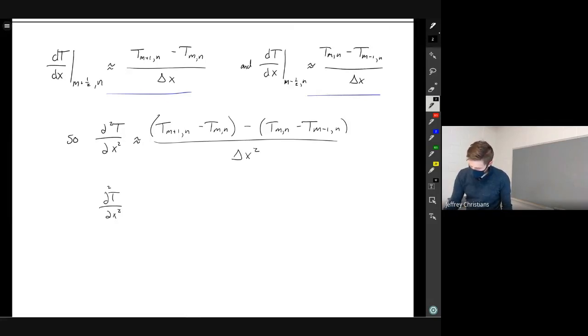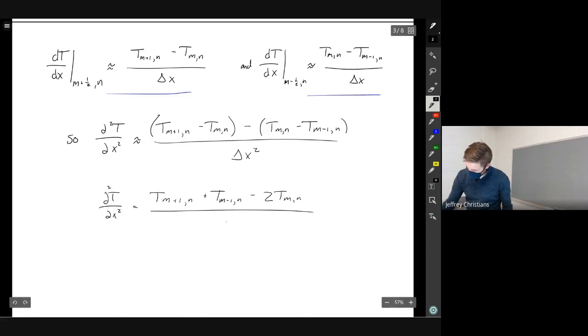Or we can write that a little bit more compactly: T(m+1, n) plus T(m-1, n) minus 2T(m, n) all over delta x squared.